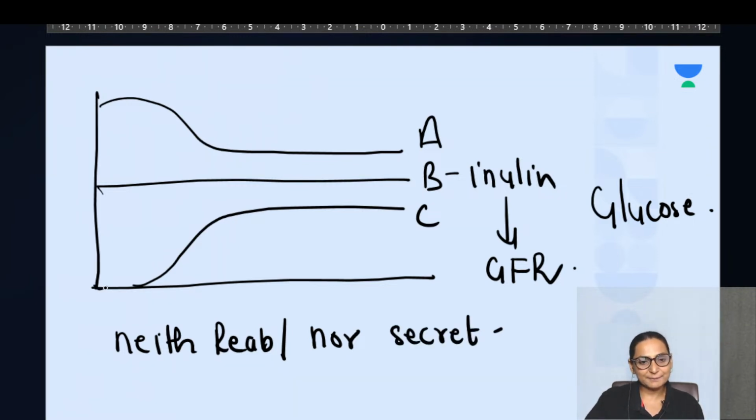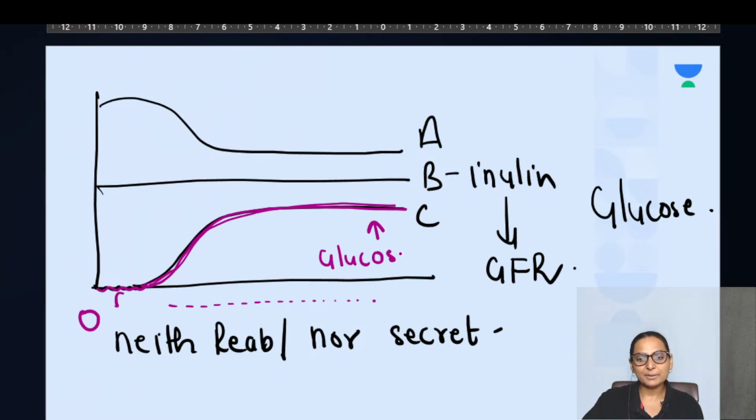Now, this is a substance which is initially having zero clearance. But as you increase the plasma concentration of the substance, this starts appearing in urine. That means the clearance of the substance increases. And this is, for example, glucose. Did you get this now?